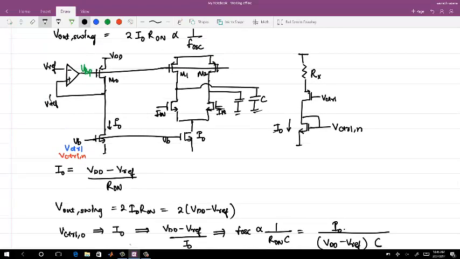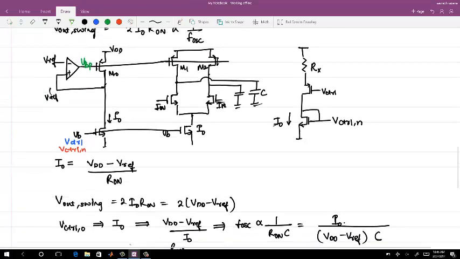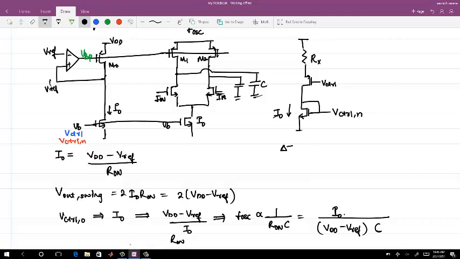In this case, your delta I is equal to delta V control by Rx. Everyone knows, right?